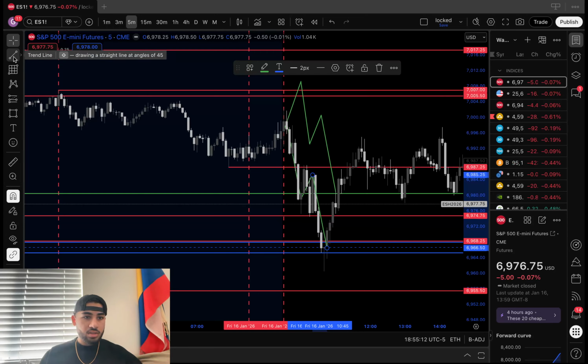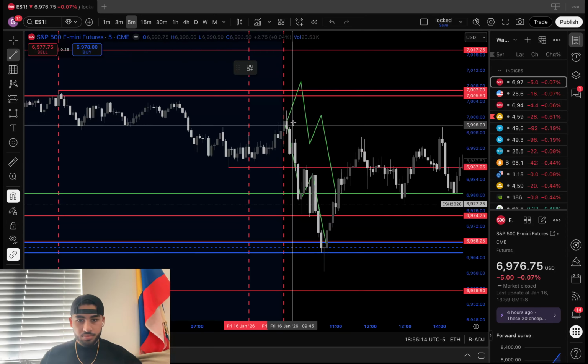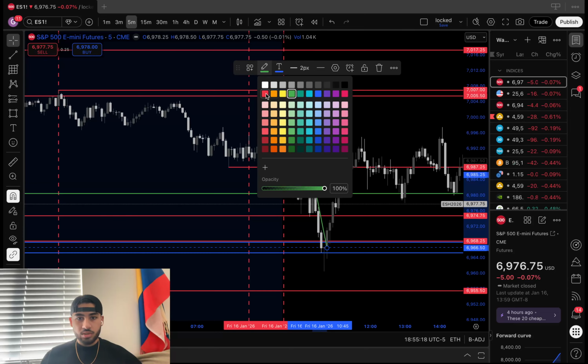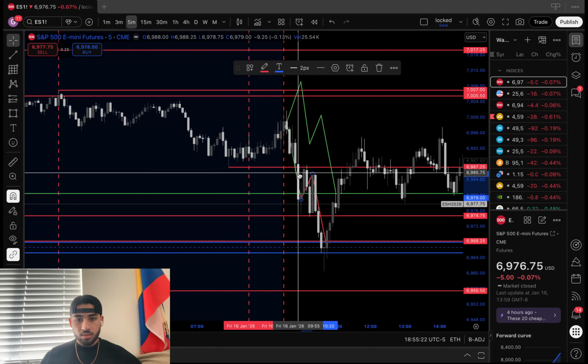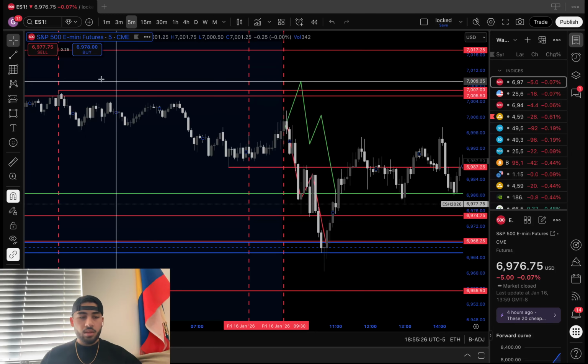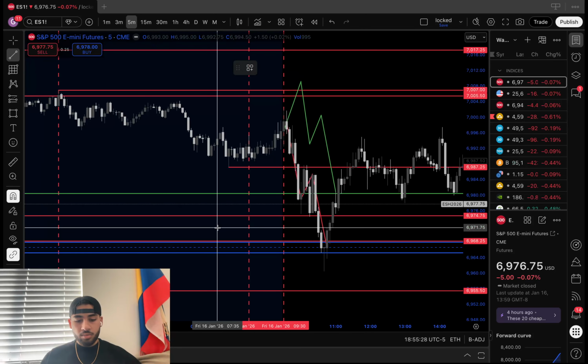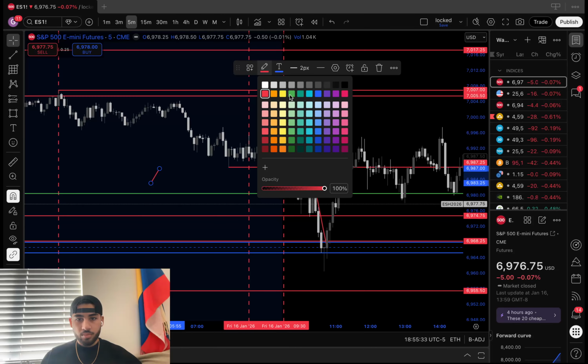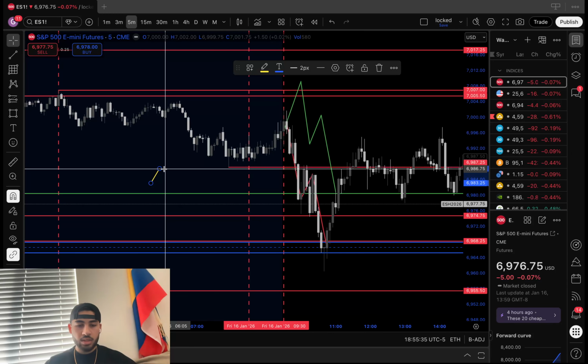Let me change the colors actually. I made this one red. That one's green, and then I will make this one yellow. I like yellow.